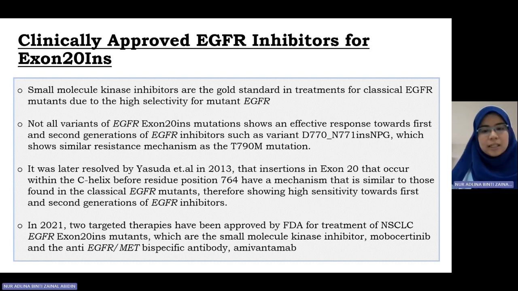And the good news is that in 2021, two targeted therapies were approved by FDA for treatment of non-small cell lung cancer EGFR exon 20 insertion mutants, which are the small molecule kinase inhibitor mobocertinib and the anti-EGFR MET bispecific antibody amivantamab.